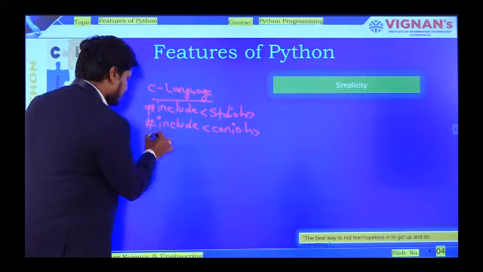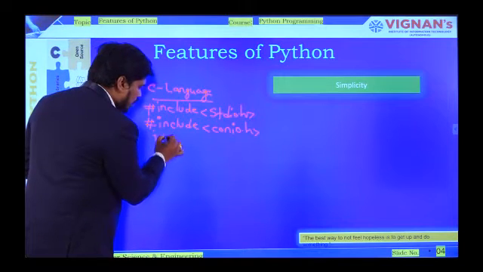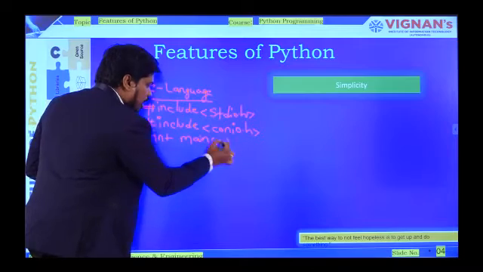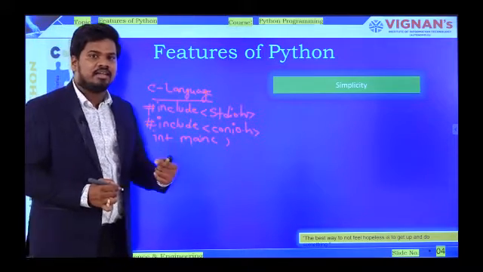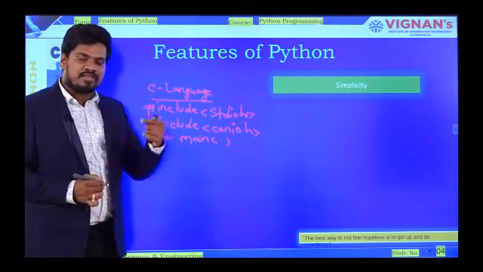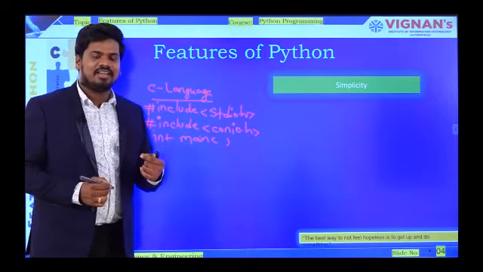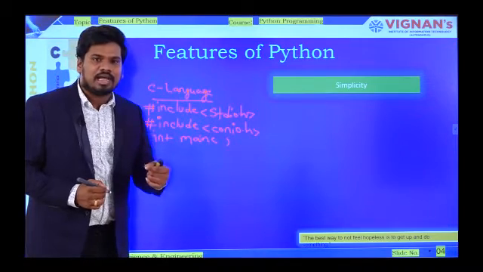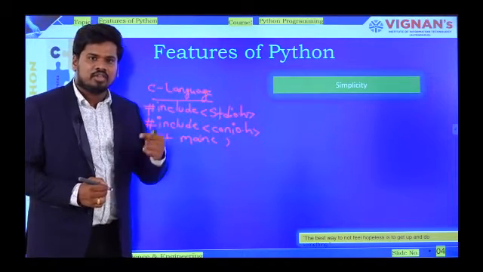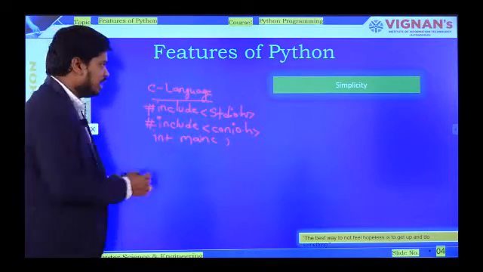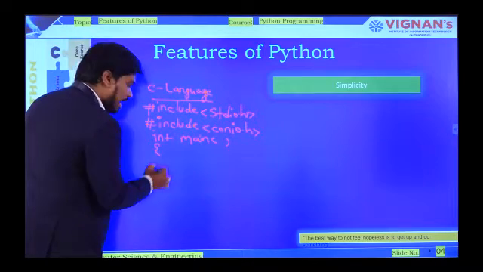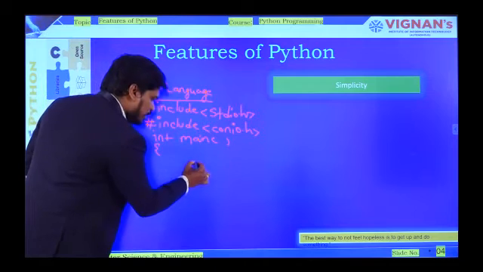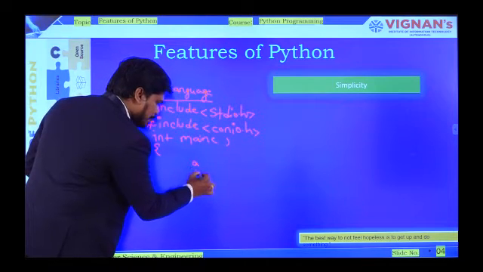And next, my C program always starts from main. We have already studied C programming in our first year, but remember, the execution of any program always starts from main. So I have written main, and next I have to declare variables.